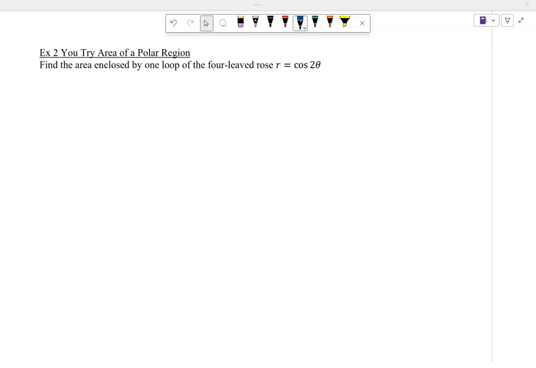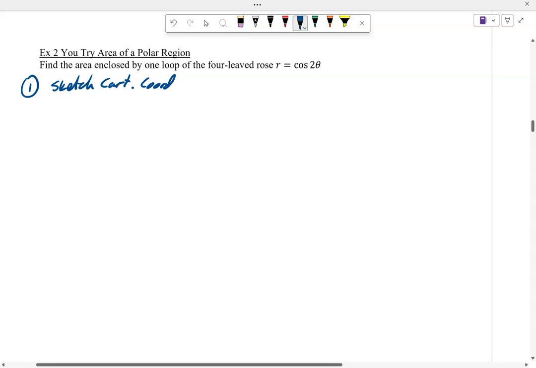This is a great problem to pause the video and go ahead and try. When you're checking yourself, go ahead and sketch the Cartesian coordinates here. You notice your period here is 2 pi over that 2.